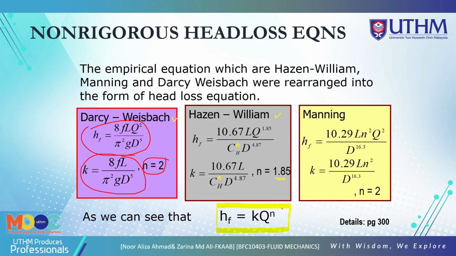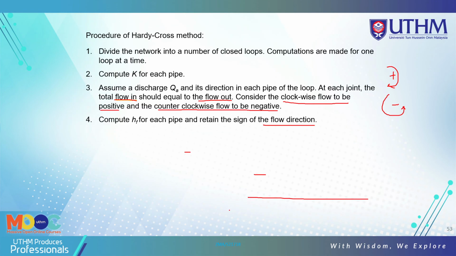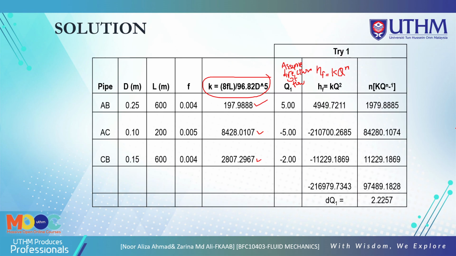Based on the HF here, that's why you use the value here, and this is N times K, Q to the power N minus 1. So you get the value here.